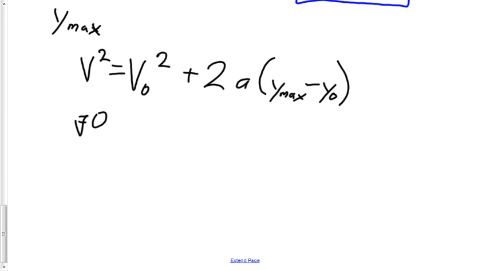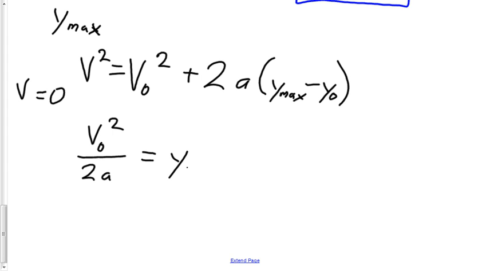So with that in mind, let's finish that off. Oh, I'm sorry, no, I want to solve for y max. My apologies. So v naught squared over 2a is equal to y max. There we go. And we're going to plug and chug our values in.